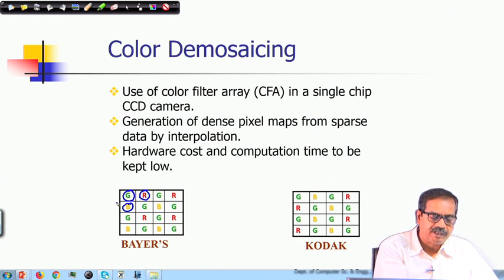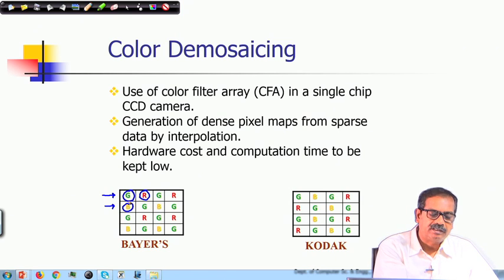By this kind of indexing scheme you can observe that in this interleaved pattern one row has alternations of green and red values, and in the next row blue and green values are alternately available.